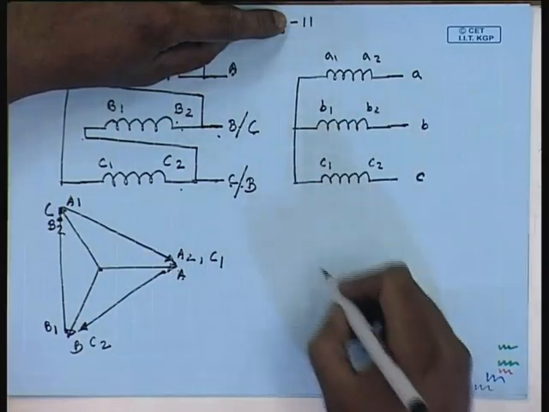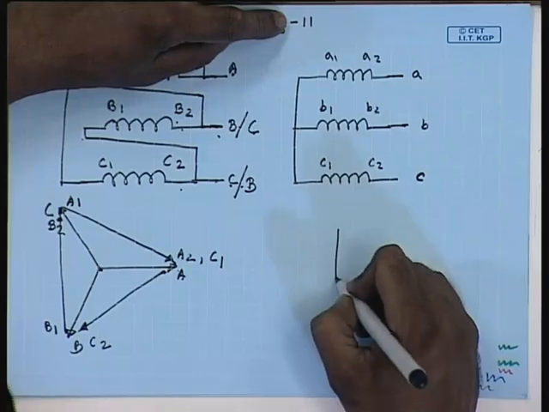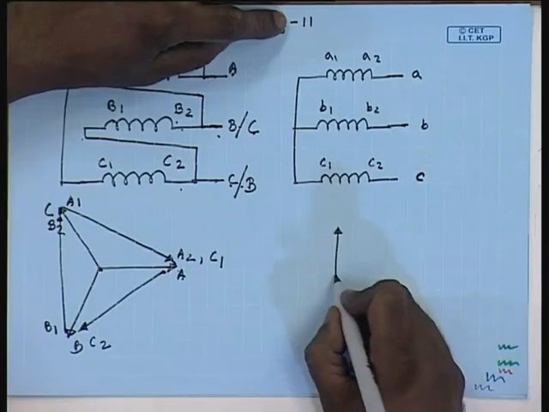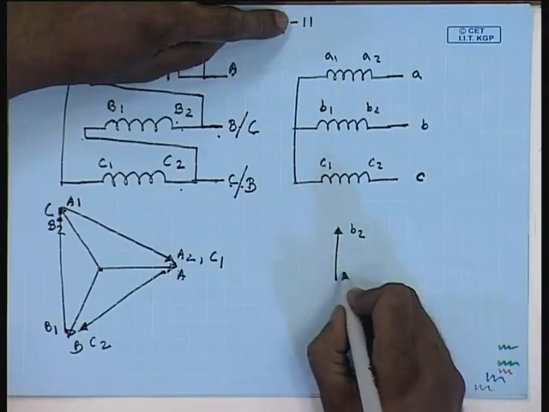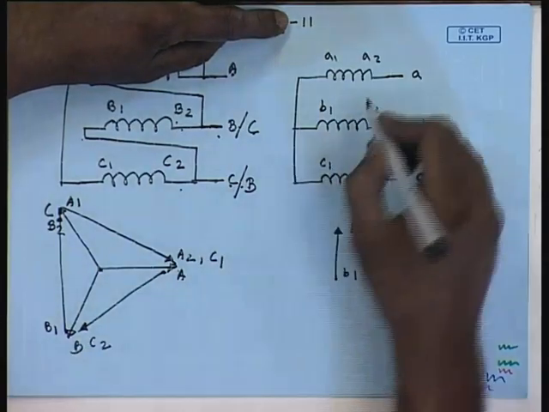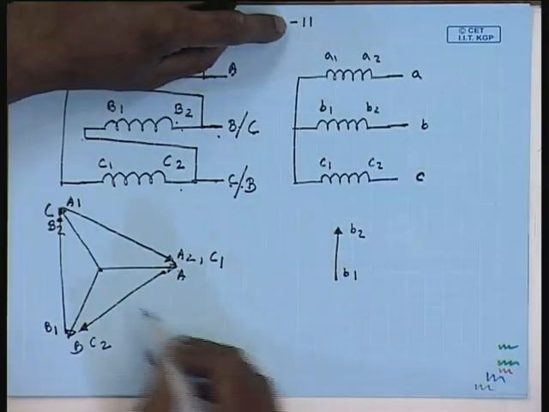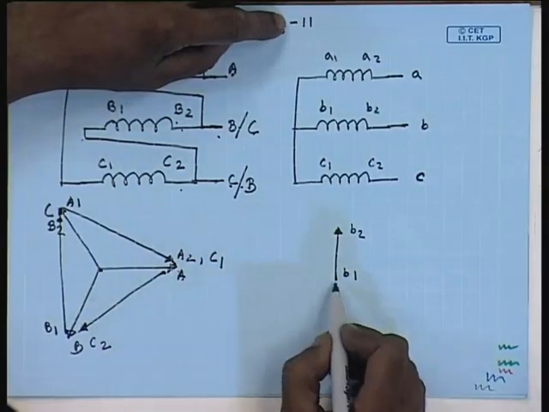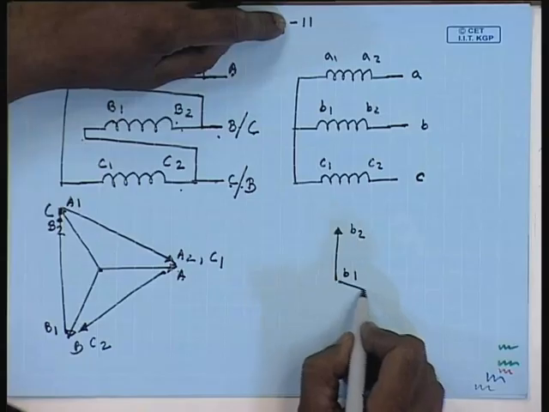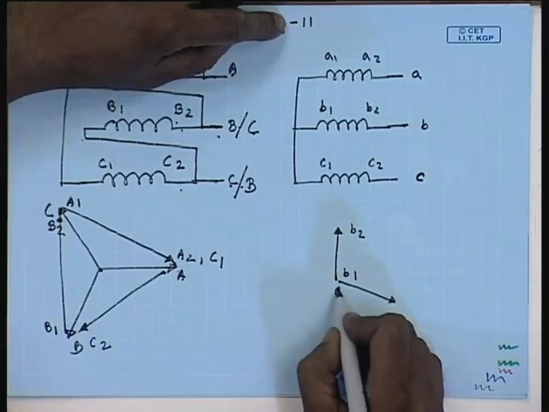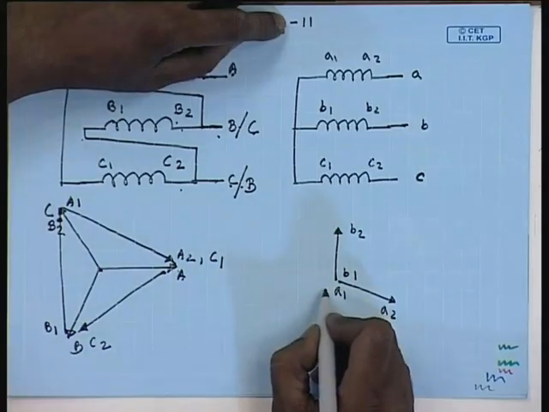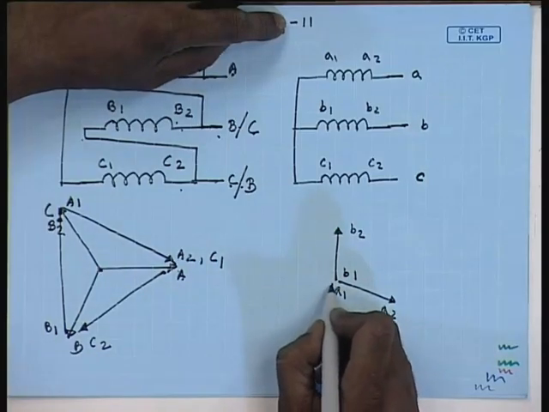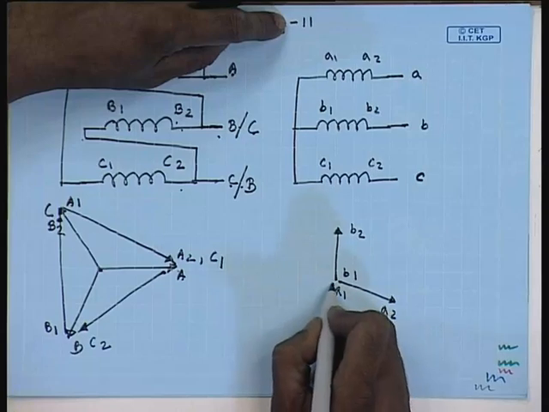So, on the low voltage side, the voltage phasor B1 B2 will be, this will be B2, this will be B1, A1 A2 similarly will be, this will be A1, this will be A2, this will be C1, this will be C2.